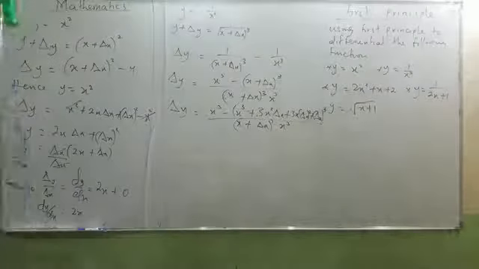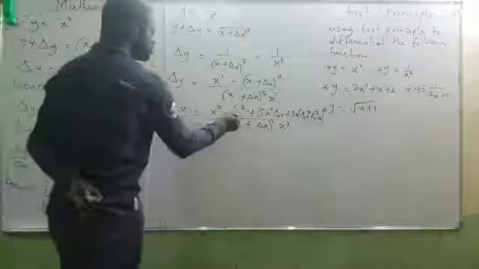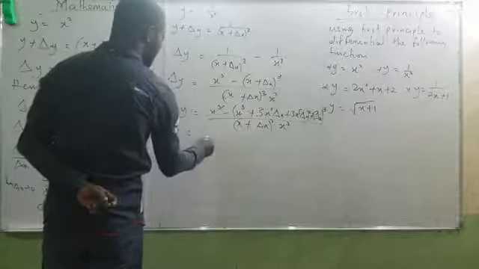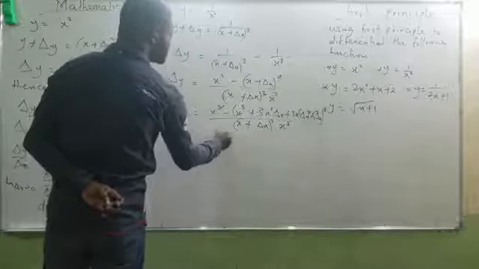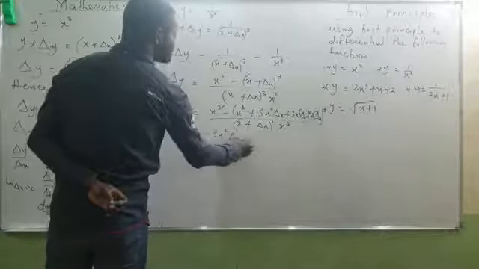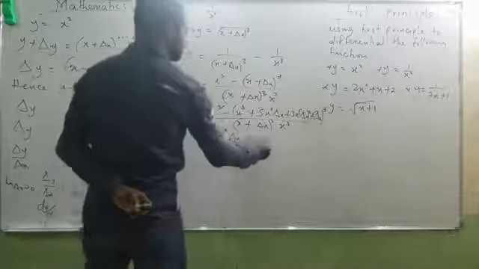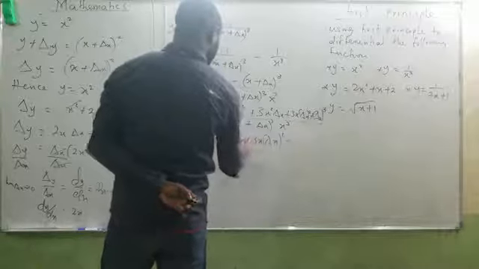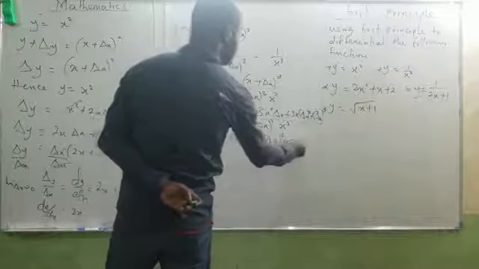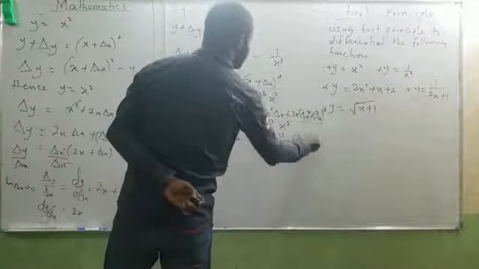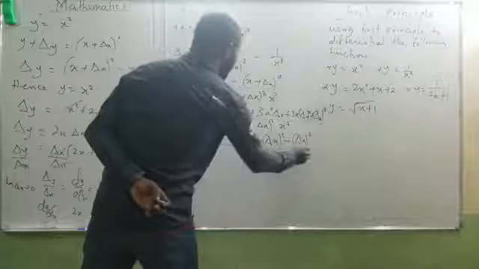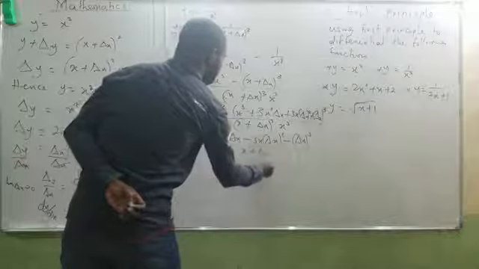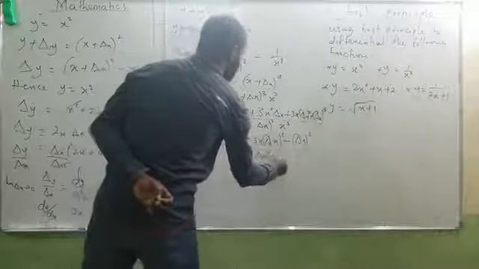Now, can you see what I'm just doing now? This will cancel this. For your information, I'll be having delta y equals minus 3x squared delta x minus 3x delta x all squared minus delta x all cubed, divided by x plus delta x all cubed and x cubed.